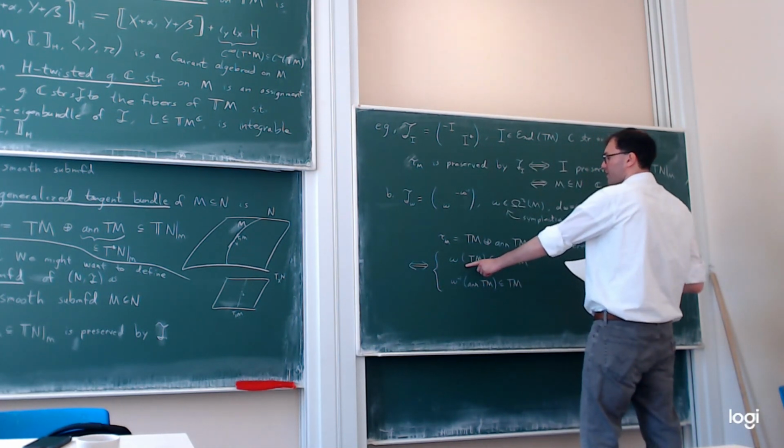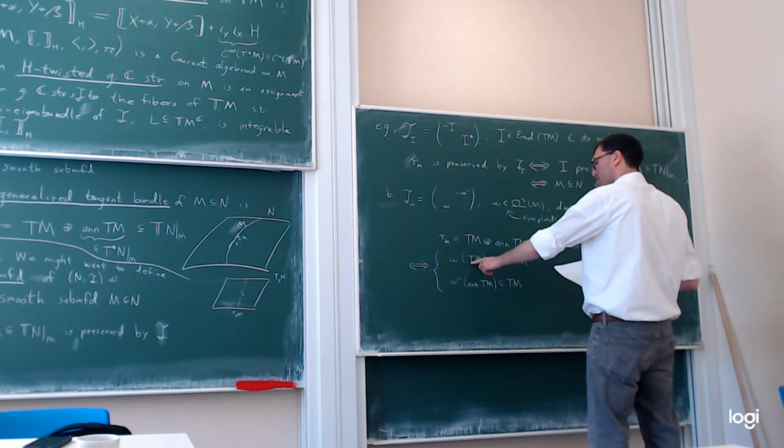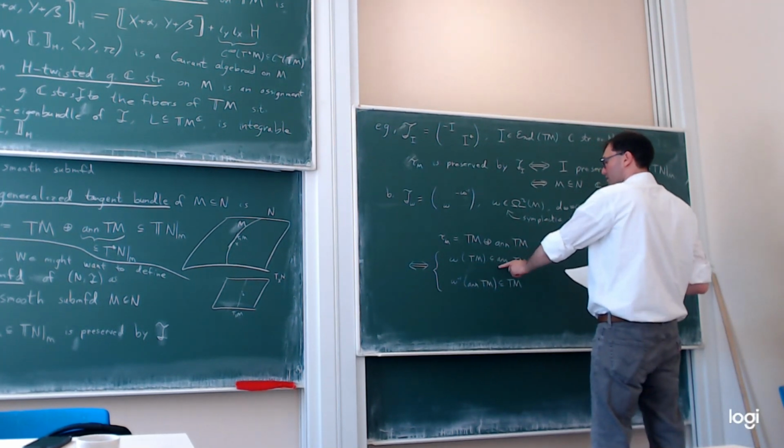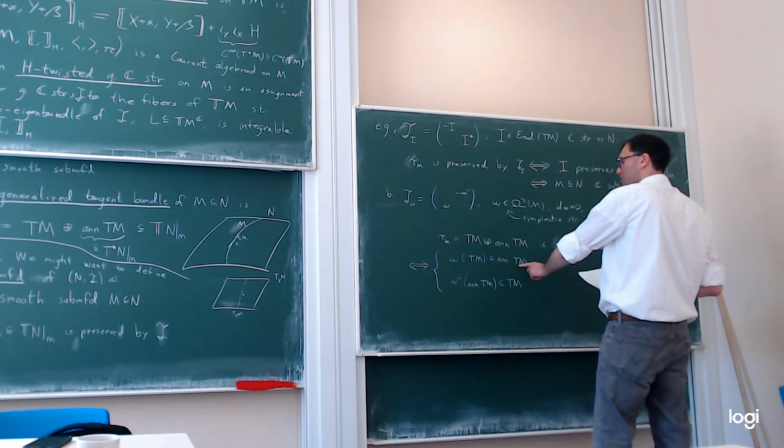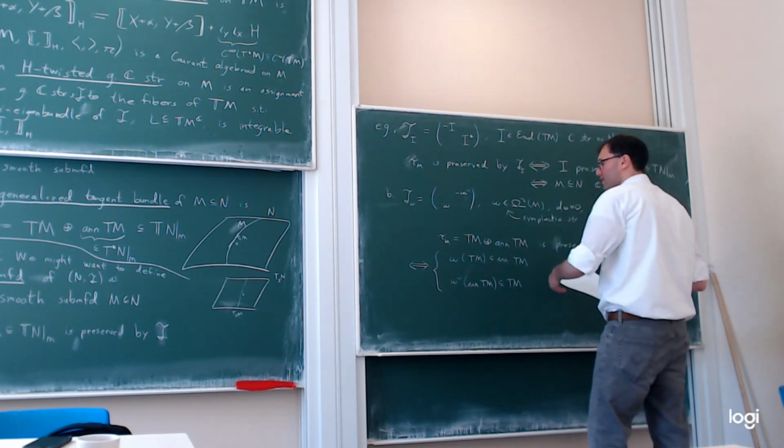And the first condition says that pairing anything in Tm, in this subspace of the tangent fiber to N, with anything else in the tangent fiber to the subspace M is 0, because it lies in the annihilator.